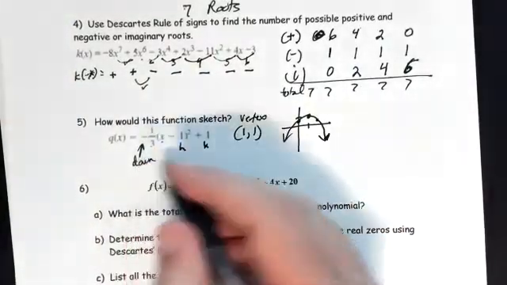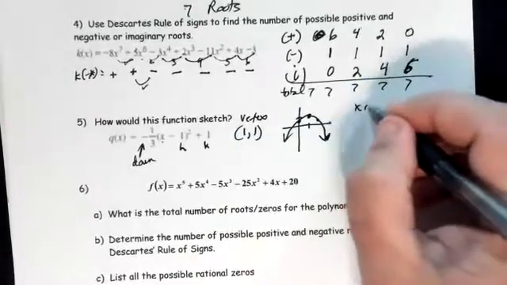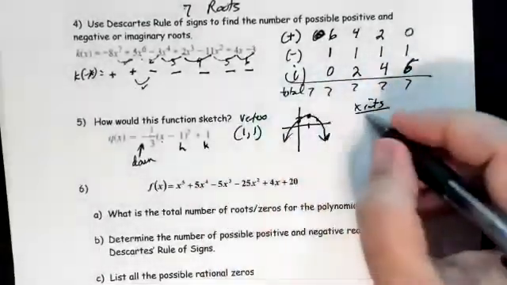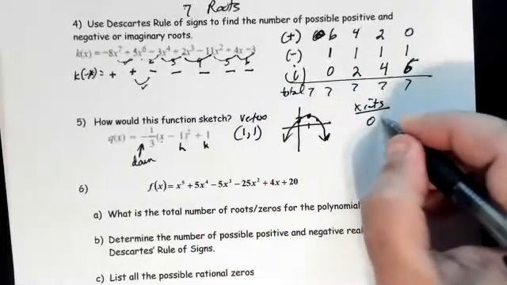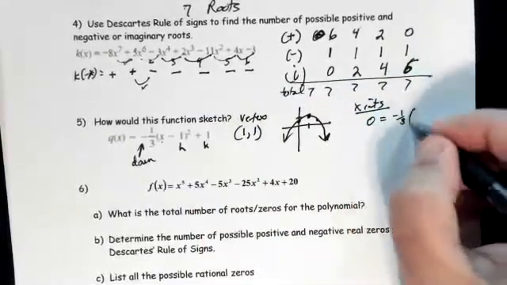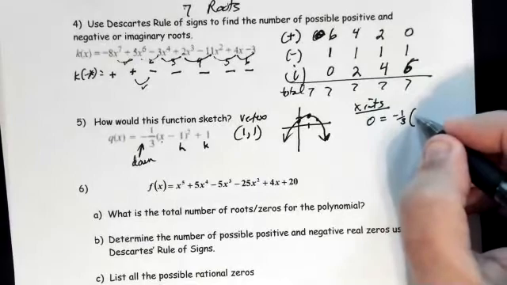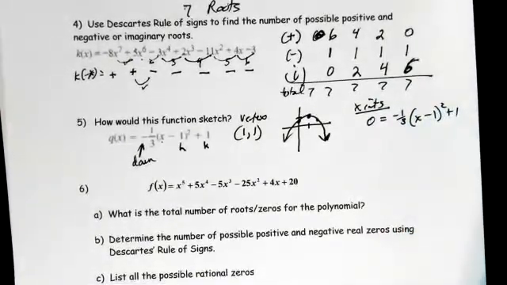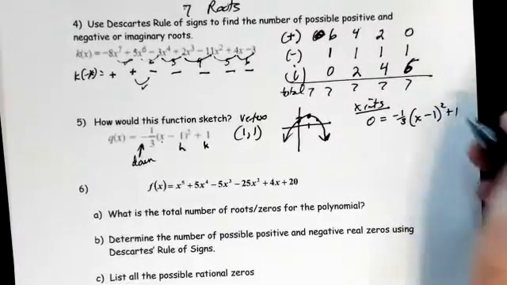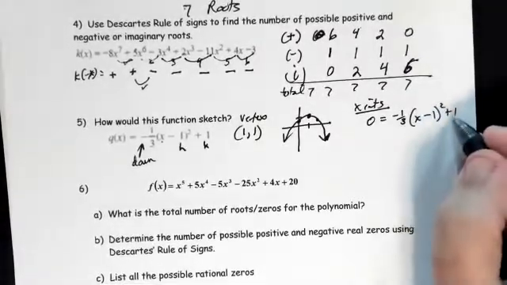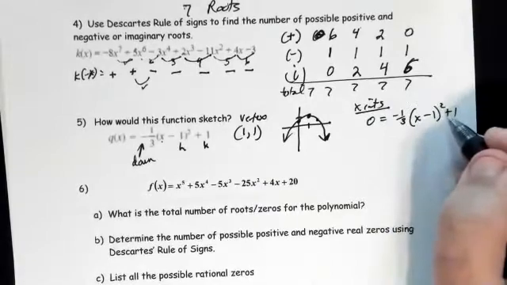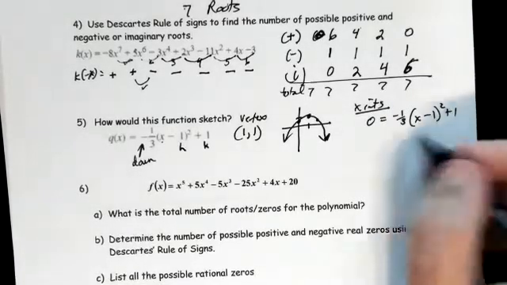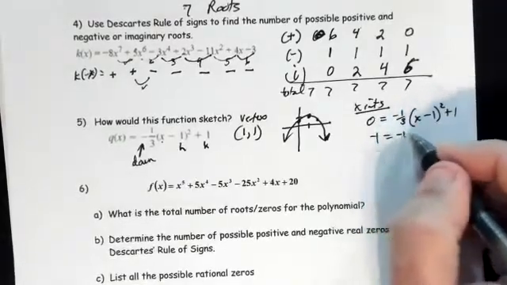If I wanted to find these x-intercepts, to actually find where they are, it's probably going to be kind of nasty. I'd put 0 in for q of x, and you'd have to solve for x. I should get 2 answers, which comes from the square root. So it's -1.